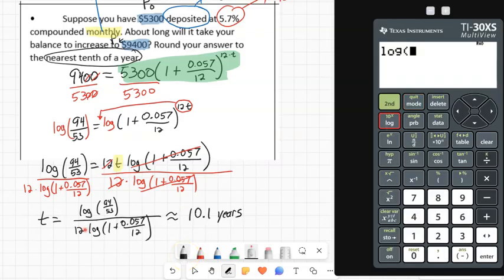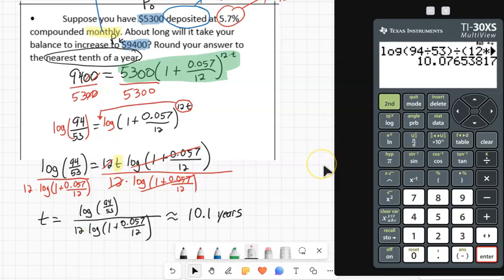So that would look like log of 94 divided by 53 parenthesis divided by parenthesis, this is the denominator parenthesis, 12 times log 1 plus 0.057 divided by 12, close log parenthesis, close denominator parenthesis. That would be the keystrokes if you did not use or have the math print mode.